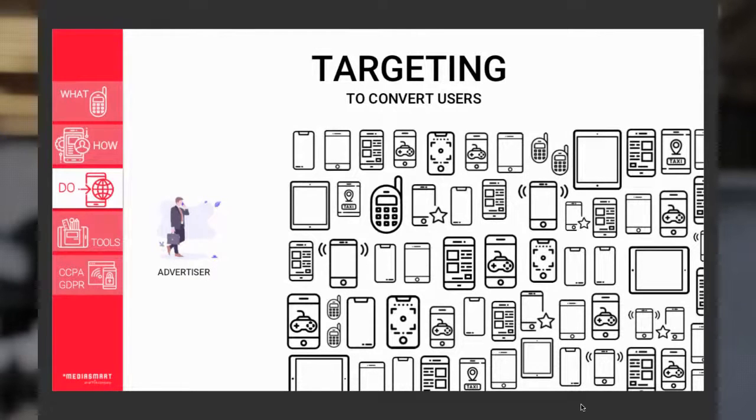So in this case, let's say that I have a game app and I want to target customers that I know have spent time playing games. So out of the whole bid stream that the DSPs are receiving in real time, you pick those that are gamers and are more likely to buy your game.